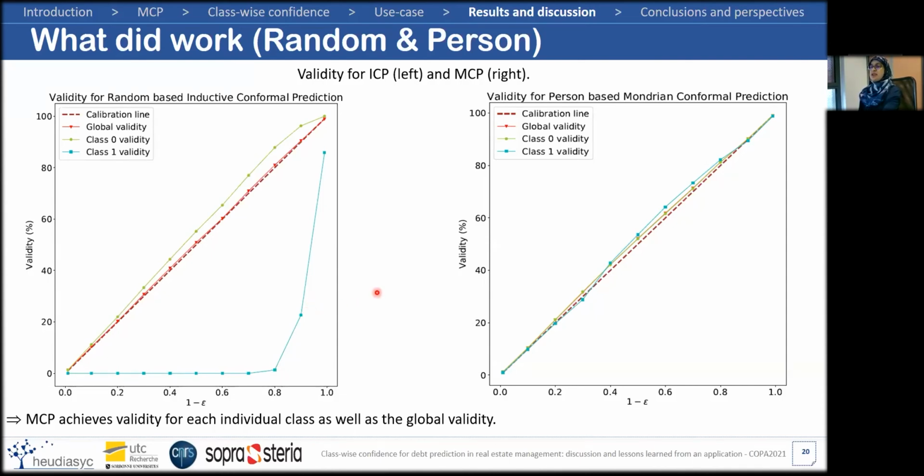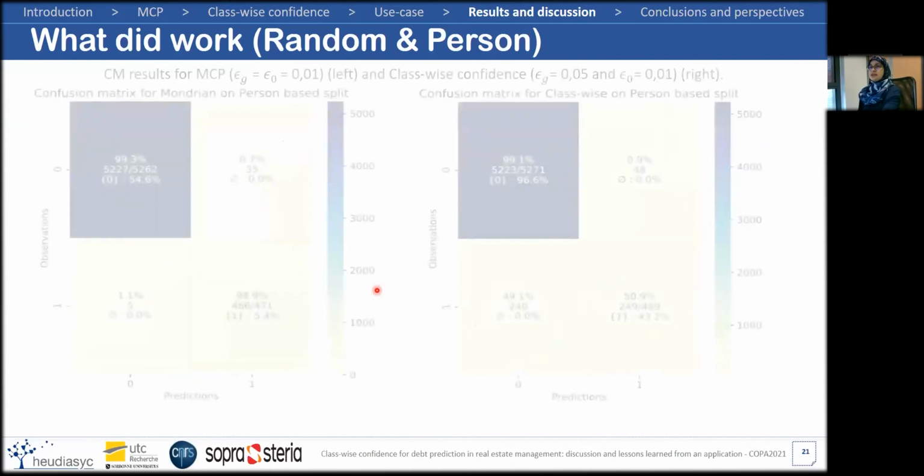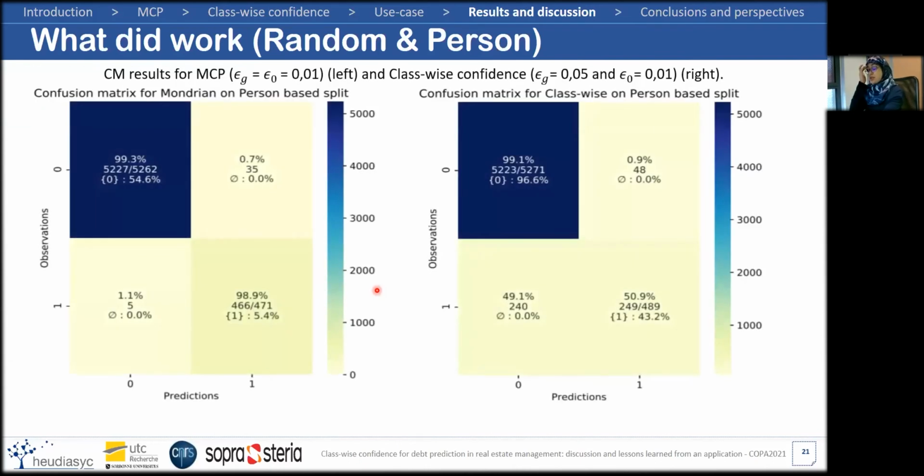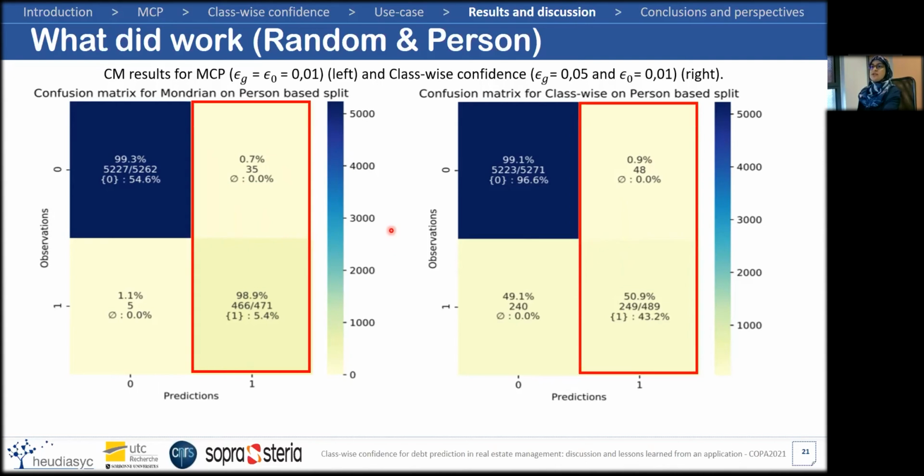This is not achieved. And if we look at the calibration, the confusion matrices here, for the MCP, the one that I showed you before, and for our class-wise confidence approach, and we concentrate on only these two cells in each case, we have validity: the number of misclassified not-in-that tenants is very satisfying, with a few examples in both cases.